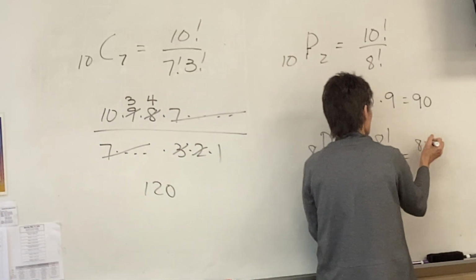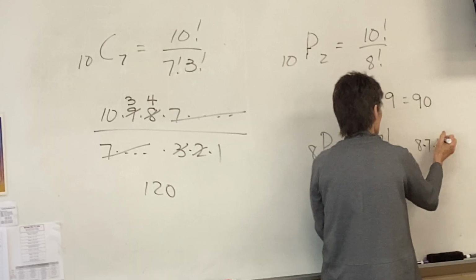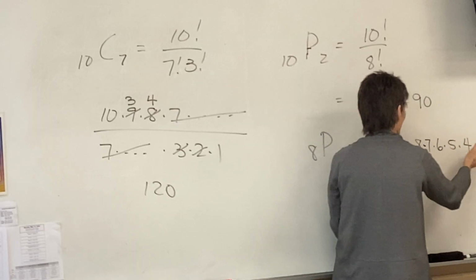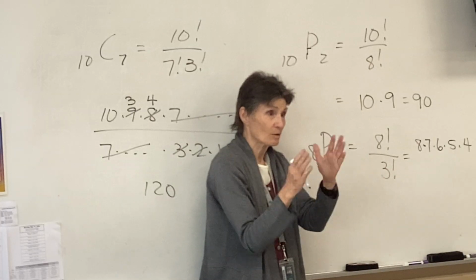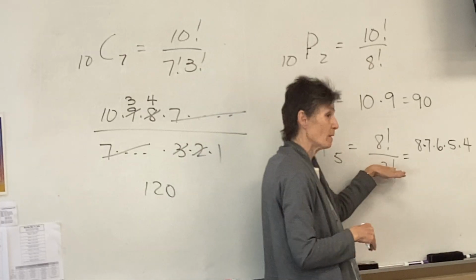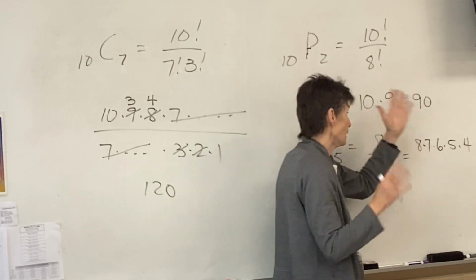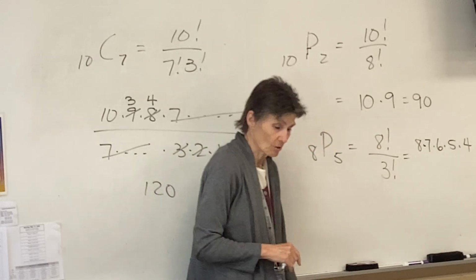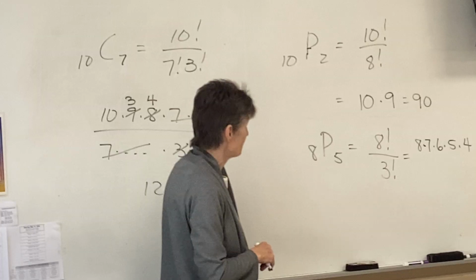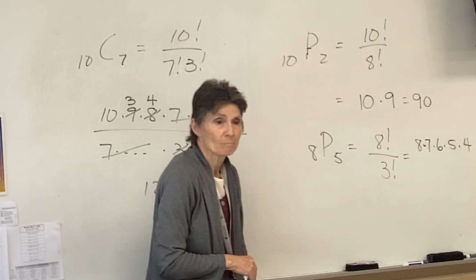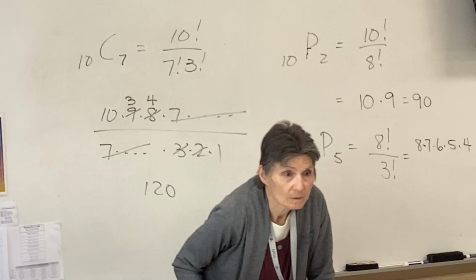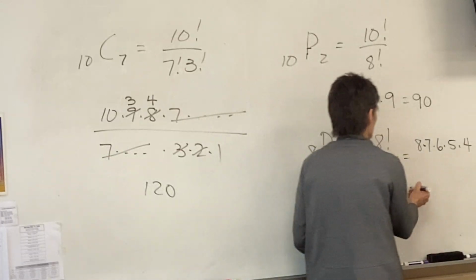It's going to be 8 times 7 times 6 times 5 times 4. Can I stop at 4? Because the 3, 2, 1 will go away with that. That's a lot to multiply. You can type that in on your calculator. What is that? 6,720.